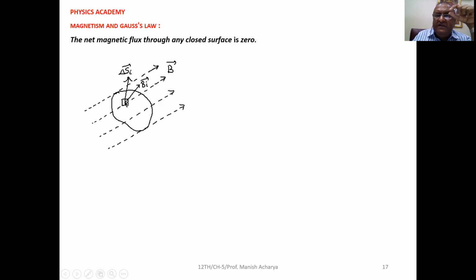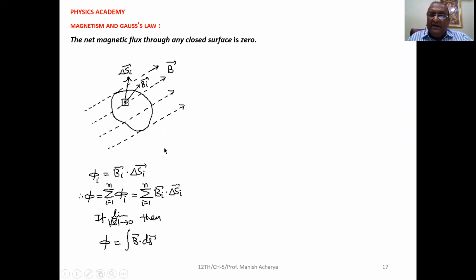Now if we consider an infinitesimally small surface element, the ith element, for which the area vector is delta Si, and suppose the uniform magnetic field at this particular surface element is Bi, then the magnetic flux passing through this ith surface element is Bi dot delta Si, exactly like we discussed for electric flux, E dot delta A.